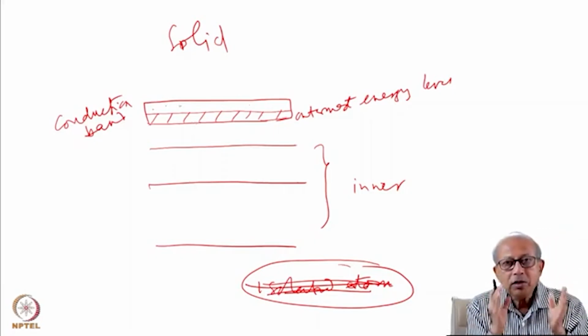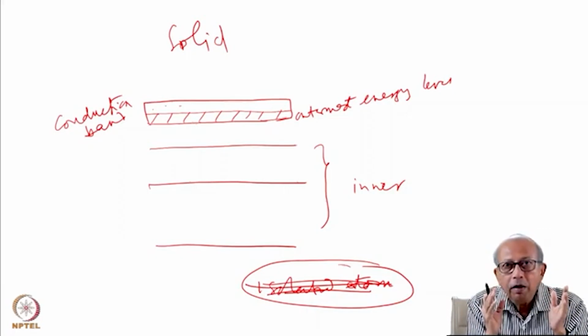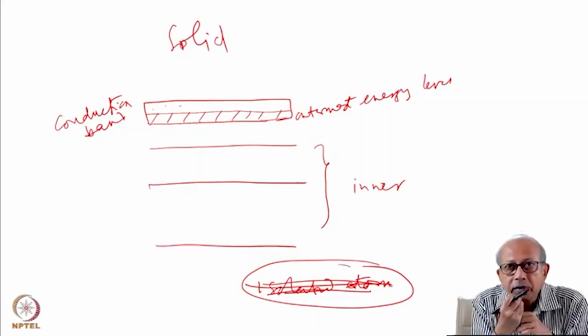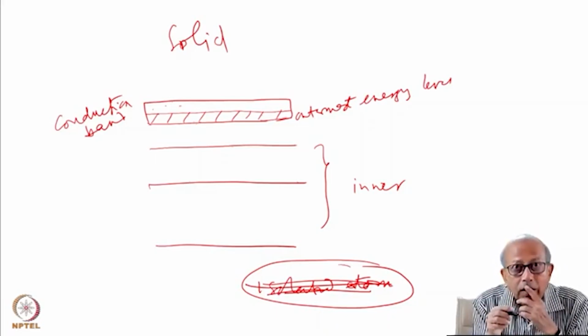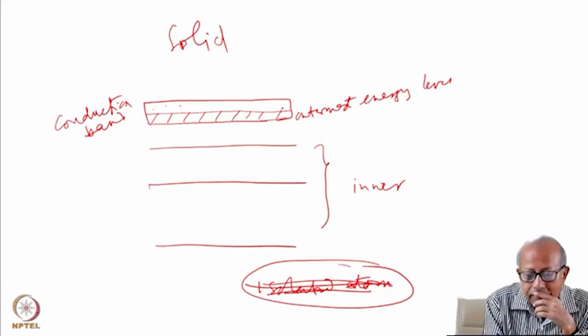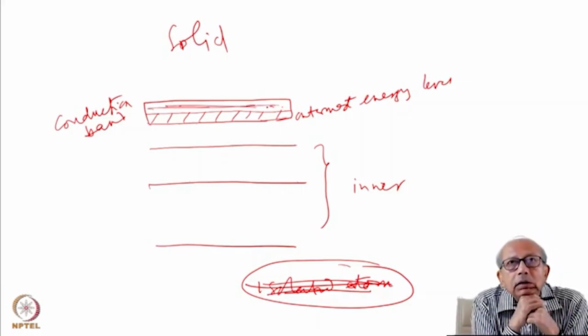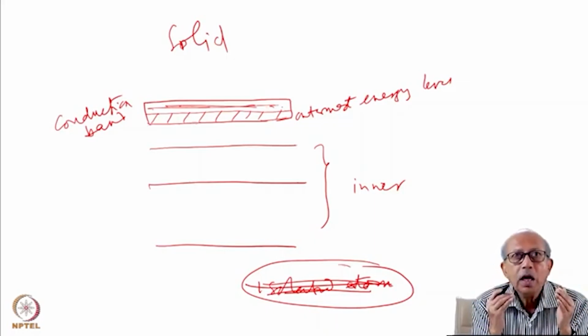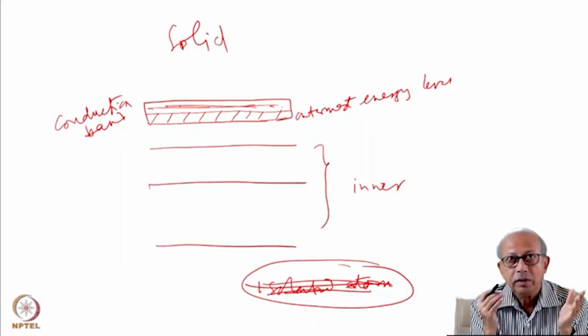Therefore, upon application of a very modest voltage, the electron can acquire electrical energy from the potential difference and can easily move in this region in the energy, thereby constituting a current very easily.